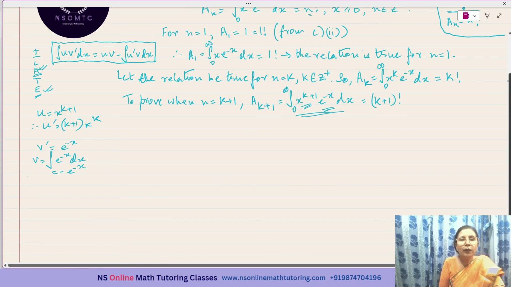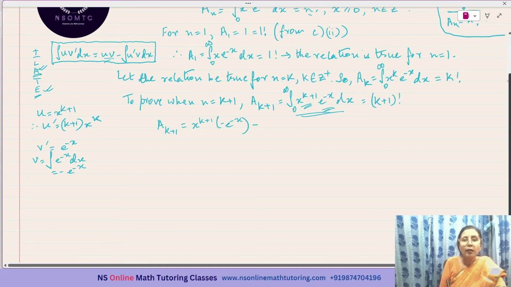So now we will be integrating. ak plus 1 is equal to uv. u is x to the power of k plus 1 times v is negative e to the power of negative x minus u dash is this one, k plus 1, and of course this is the definite integral, so I have to write the limits.